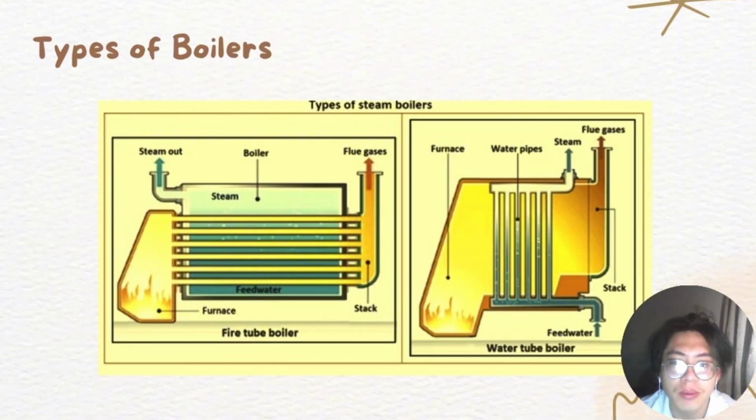So basically the position of the tube is different for both types, but eventually the hot gas heat fire that will be released at the top right hand side of the boiler, and then the steam also will escape through the top side of the boiler at the end for both type of boiler.